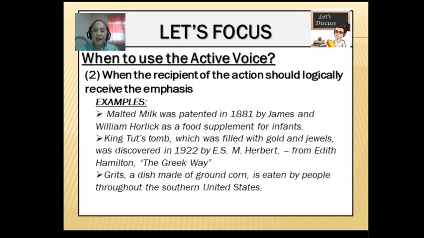Grits, a dish made of ground corn, is eaten by people throughout the southern United States. This is a passive voice where we are emphasizing the dish grits and not those who eat it.